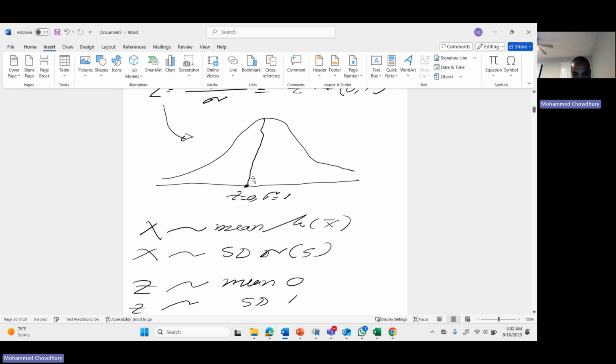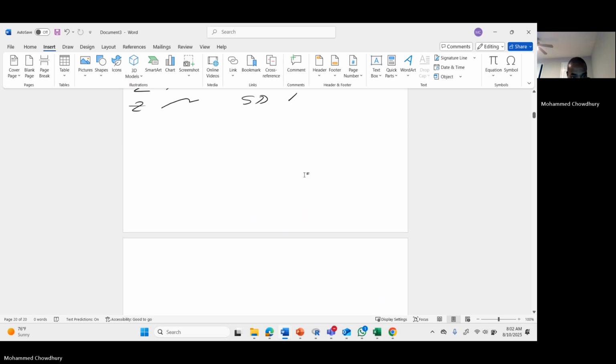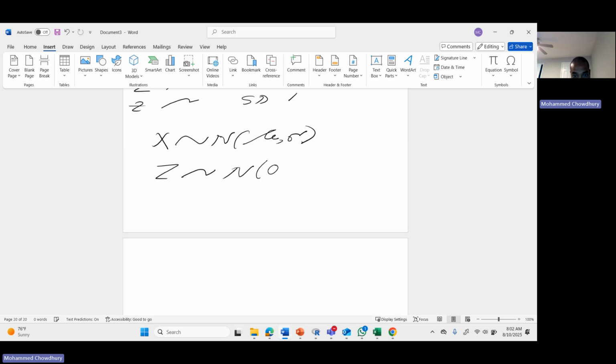So notationally, how can I write it? X follows a normal distribution with mean mu and standard deviation sigma. Z follows a normal distribution with mean 0 and standard deviation 1. Okay. This is the Z score.